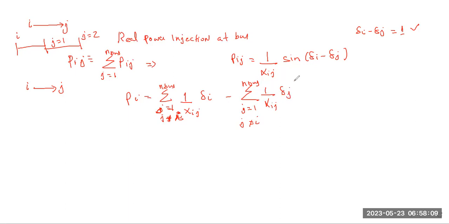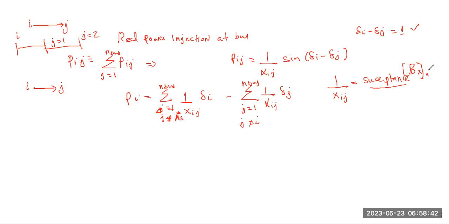Now remember one thing. This 1 by Xij term is basically the susceptance. The inverse of reactance is called susceptance. It is given as Bij.